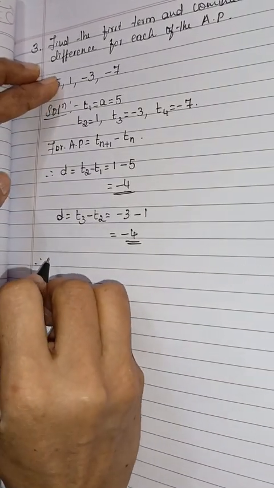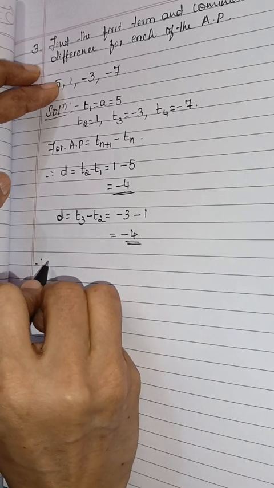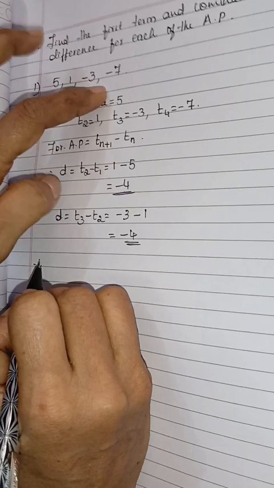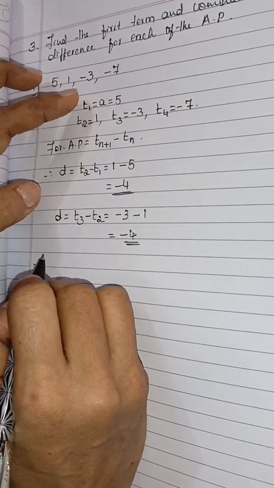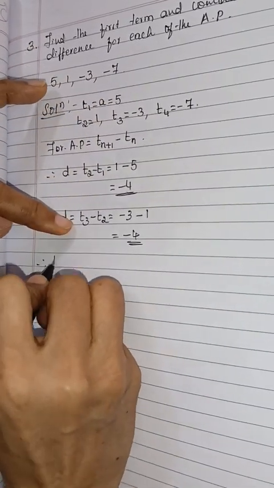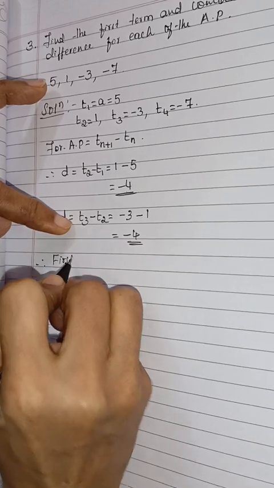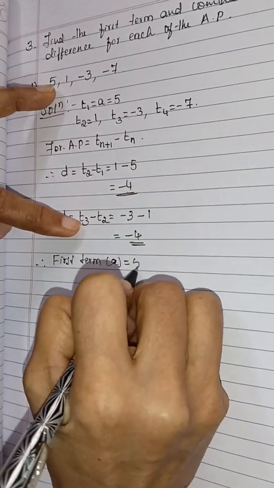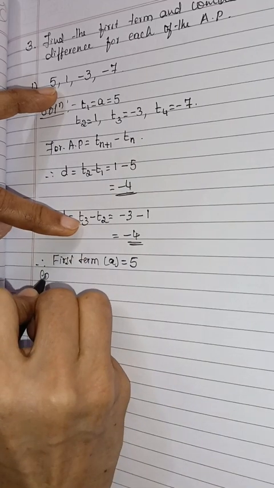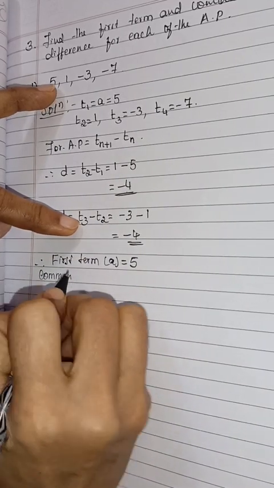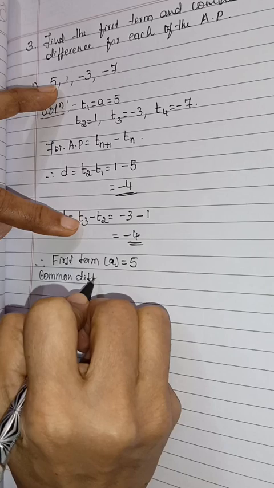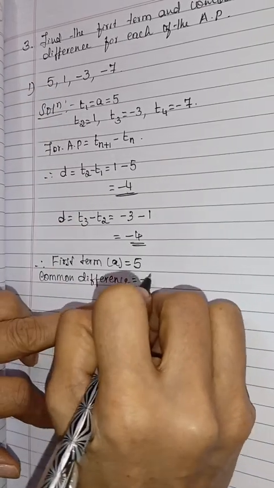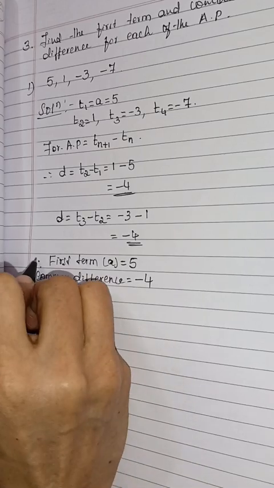The first term of the arithmetic progression, that is A, is 5, and the common difference is minus 4.